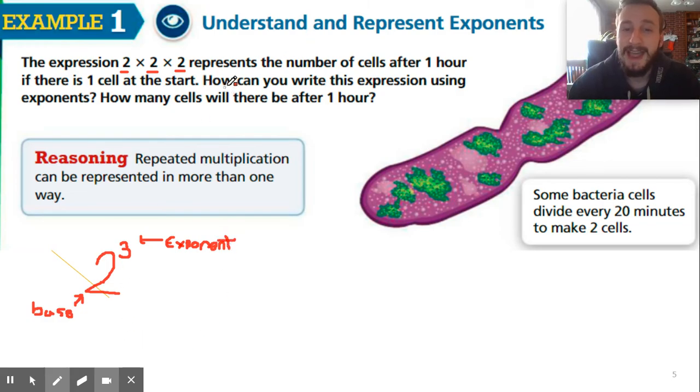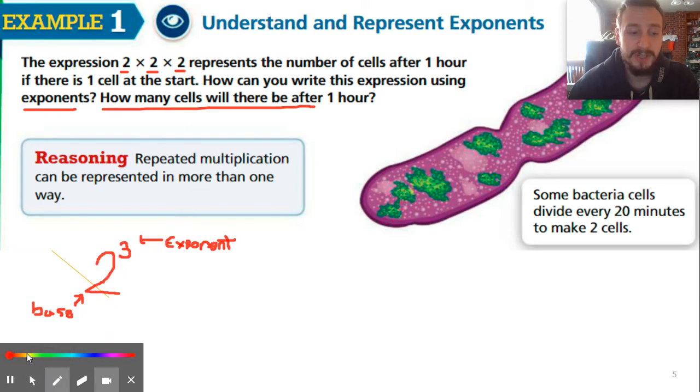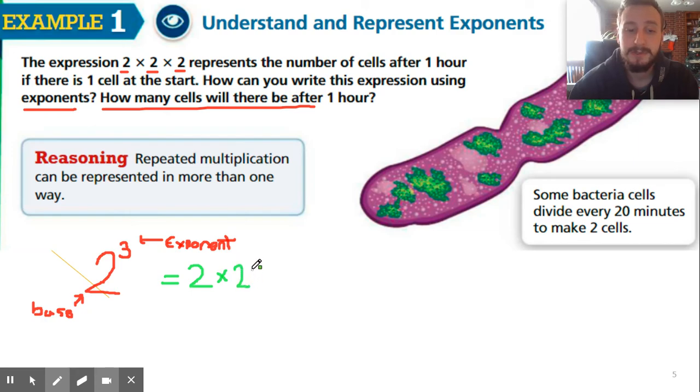So the question said, how can you write this expression using exponents? Here we go. That's it. 2 to the third power. Then it says, how many cells will there be after 1 hour? So that's 2 to the third power, which we just said is 2 times 2 times 2. This is the exponent form.